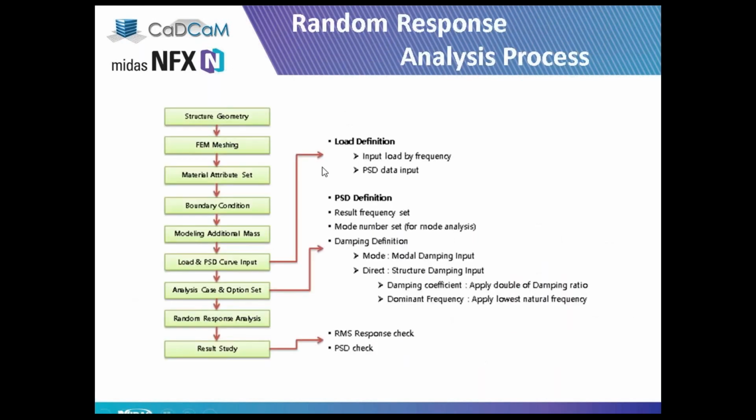Okay, what is the procedure in order to do a random analysis? So the procedure is to have the geometry and to import the geometry to Midas software, then to do the finite element meshing, and then to define the material attribute set, define the boundary condition, if it is fixed or another boundary condition, and also the external load on the system.